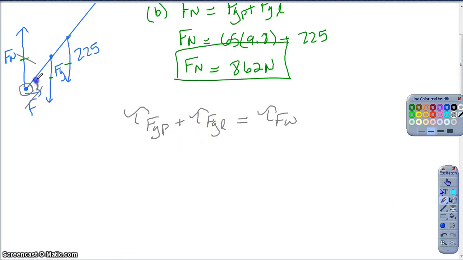So if the angle down here they told me was 78 degrees, then each of these angles with respect to the ladder would be 12 degrees for the 2 forces of gravity. As I set this up, it is the force of gravity of the person times the radius to the person times sine of 12 degrees, plus the force of gravity of the ladder times the radius to the ladder, which is half the length of the ladder, times sine of 12 degrees.